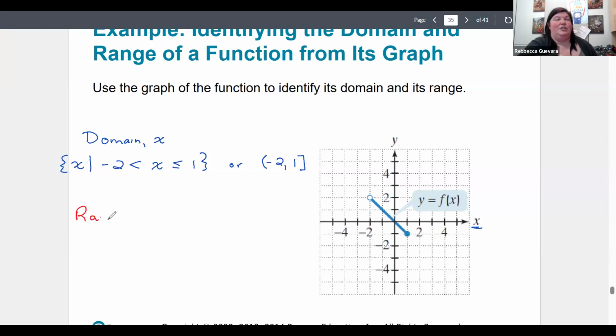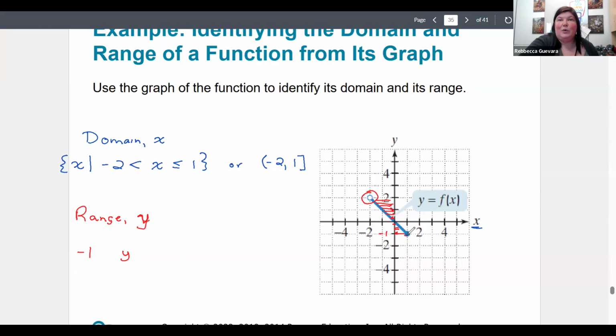And we talk about the range. Range is supposed to be y values. So with the range, we're looking at every possible y value that can be obtained according to this graph. What we see is that we get everything between this 2 and this -1 down here. So we start with the smallest value first.